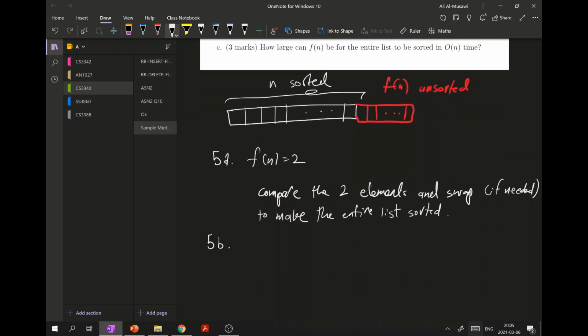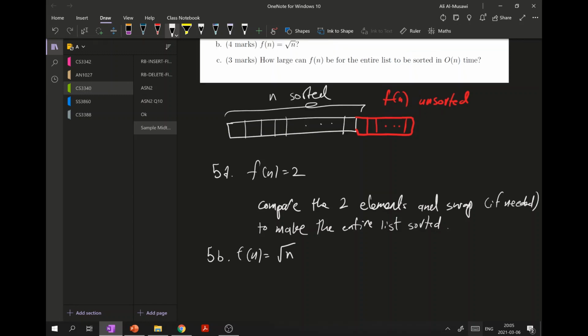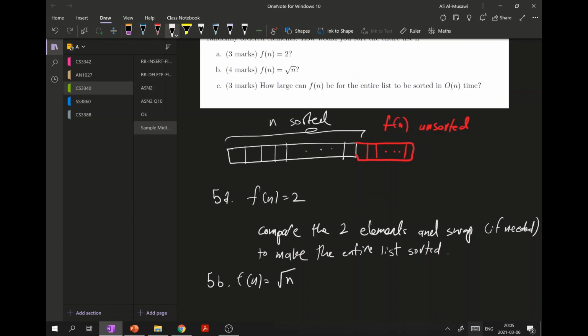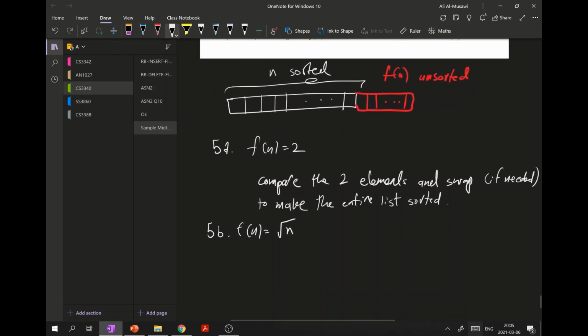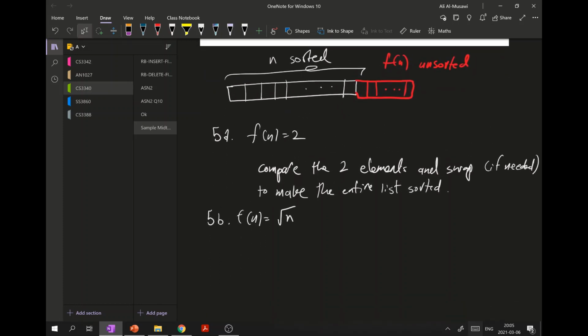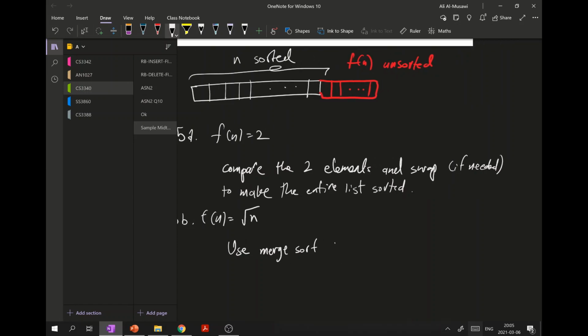Okay, 5b, f of n equal to the square root of n. That means there are n sorted elements followed by square root n unsorted. Well, again, same idea, but this time use merge sort to sort the square root n elements.